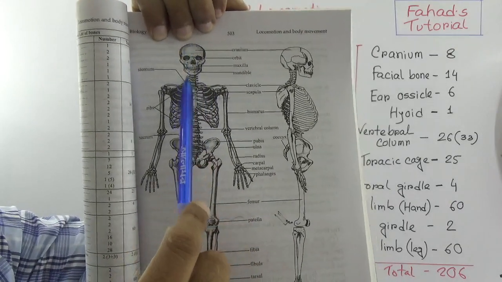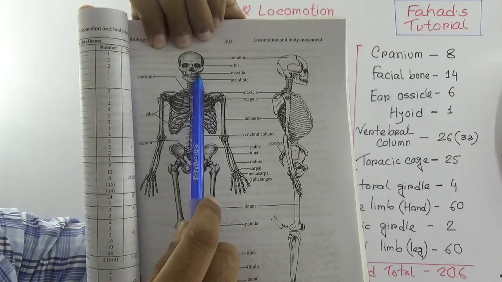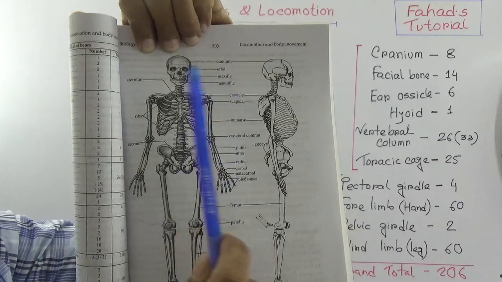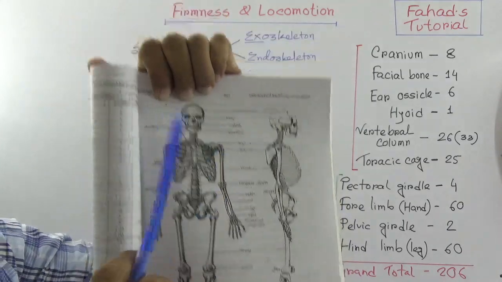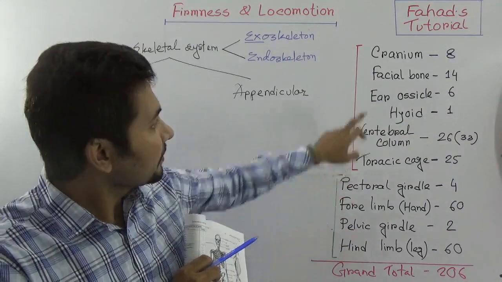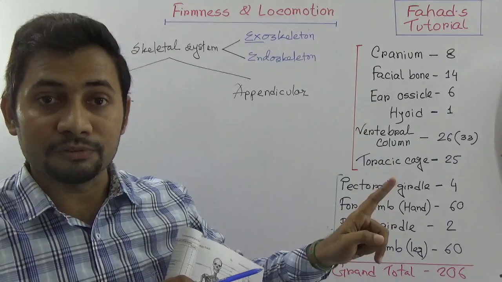Now you see this is the cranium and this is the orbit, where our eyes lie, then maxilla and mandible. Some bones are given here, but I will definitely give you the detail of each part. In the cranium we have 8 bones.